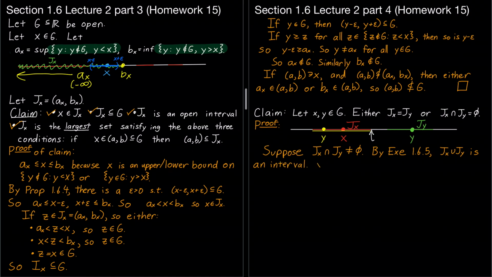So x is in Jx union Jy. Jx union Jy is contained in G because it's the union of two things that are each individually in G.